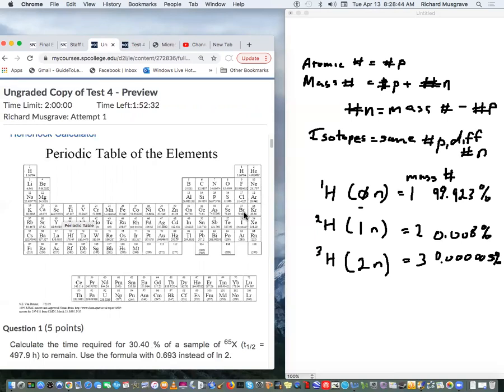So bromine is 79.904. Now it's 35, which means that if we're talking about it being 80, there must be 45 neutrons, if we're talking about bromine 80 as being the main component of bromine. So we've got 35 protons, 45 neutrons.